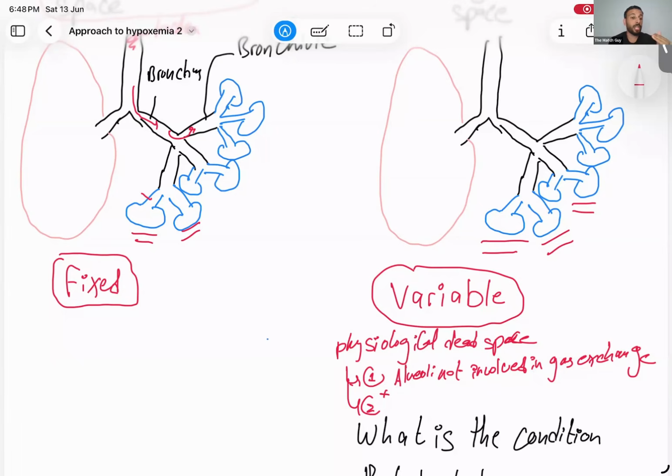Okay. So physiological dead space is gonna include the dead space of alveoli that is not involved in the gas exchange, plus already the anatomical dead space.